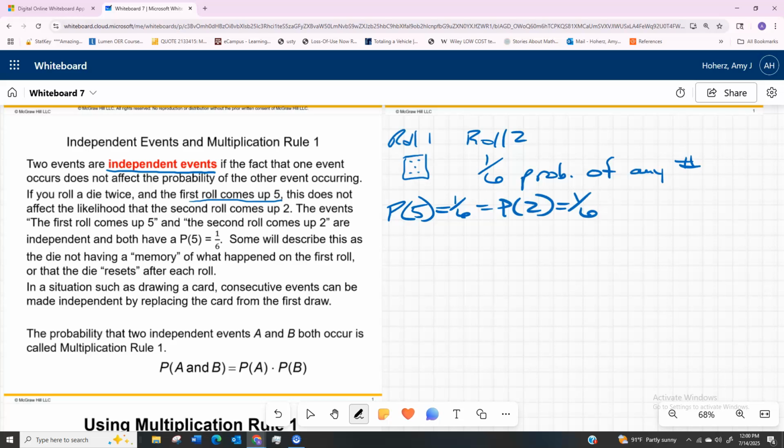When you have that reset type of situation, then the events are going to be independent. And again, let me emphasize that just because you rolled a 5 on the first die doesn't mean you have less of a chance of rolling a 5 on the second roll. You still have a 1/6 chance.